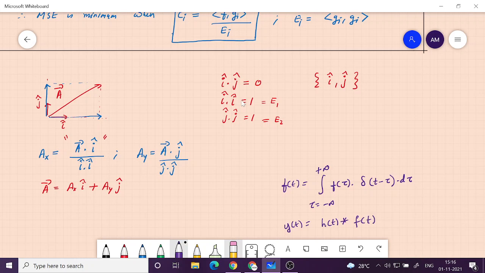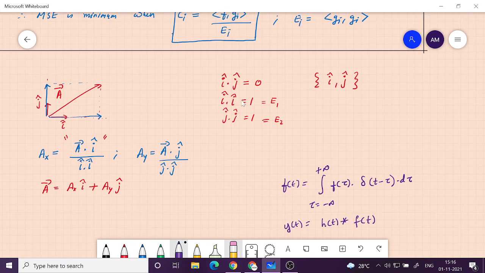So f of t is expressed in terms of impulses, and I know how the system will behave with respect to impulse input. Therefore my response to f of t is a convolution of f of t and h of t.